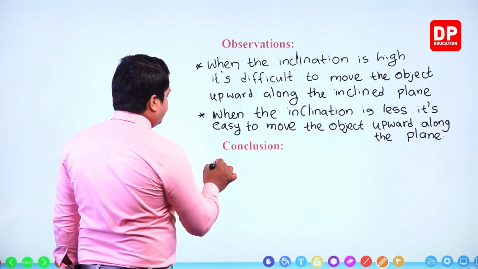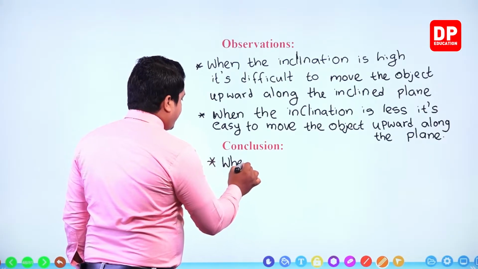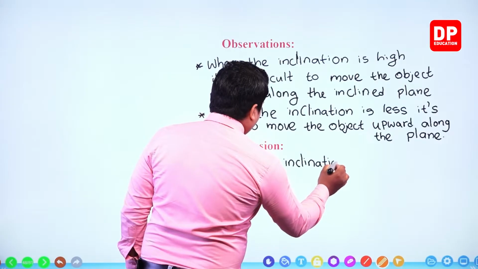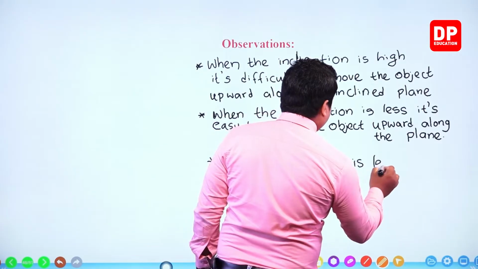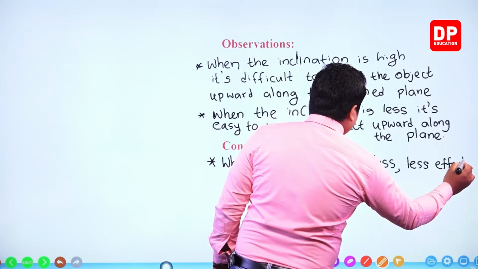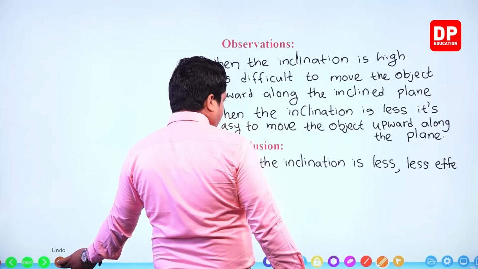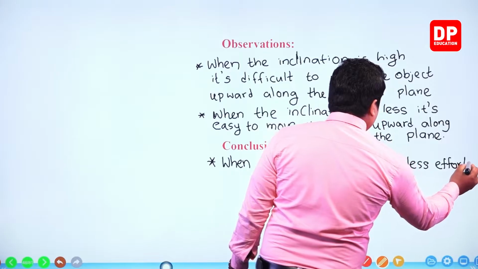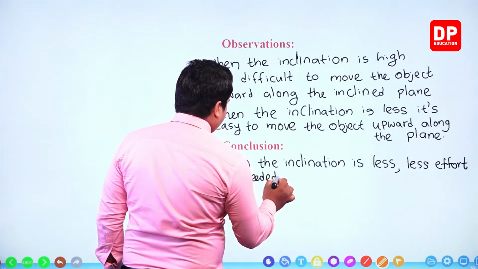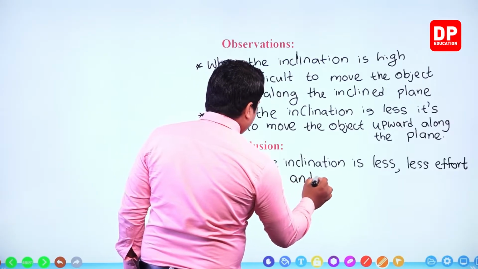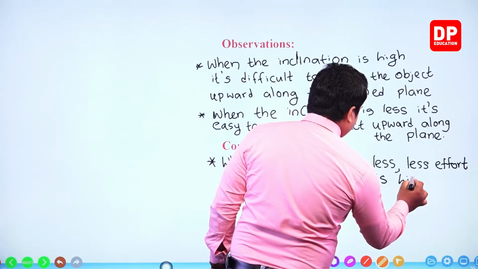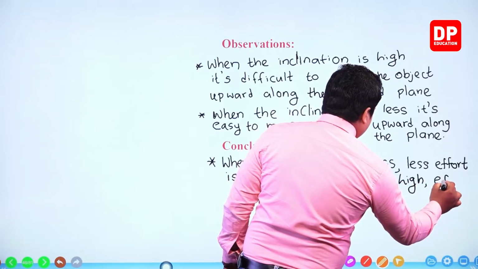So the conclusion: when the inclination is less, less effort is needed, and when it is high, effort is also high.